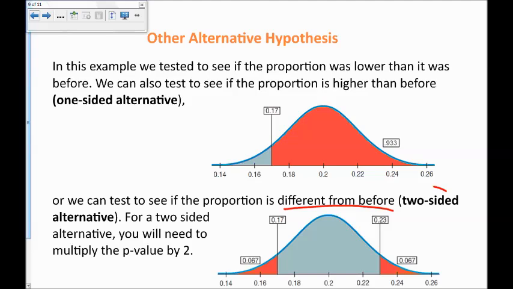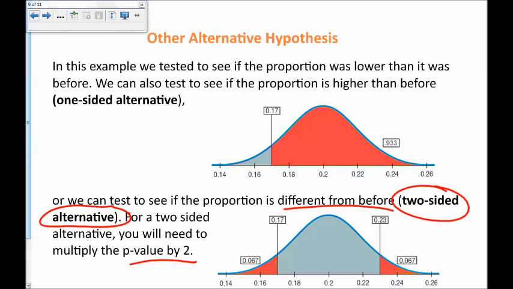This is called a two-sided alternative. Okay, because you're testing it could be higher or lower. Okay, the important step is if it's a two-sided alternative hypothesis. When you get done calculating your p-value, you will have to multiply by 2 because you're dealing with both tails.